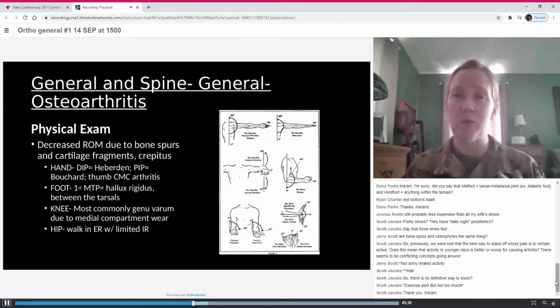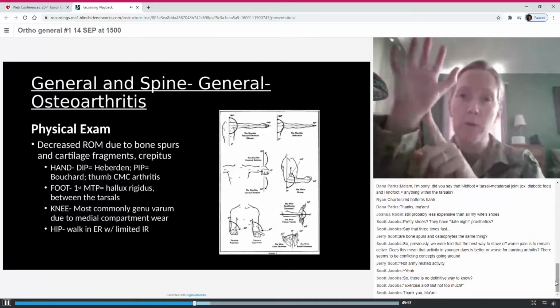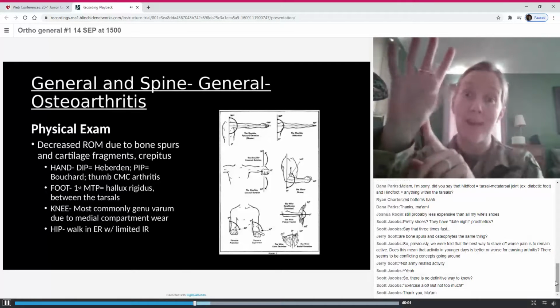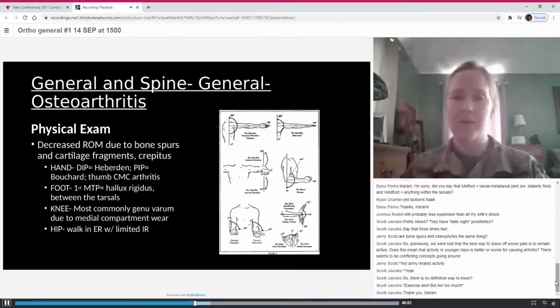One's more of a bone spur, one's a little closer to a cyst. It's a lot of overlap and dissension in the ranks, but there are nodules that you'll find around those joints that get different names. And then the most common place in terms of hand arthritis is the thumb carpometacarpal joint. That's the one that moves your hand around in a circle. So the base of your thumb is one of our very common sites for hand osteoarthritis.